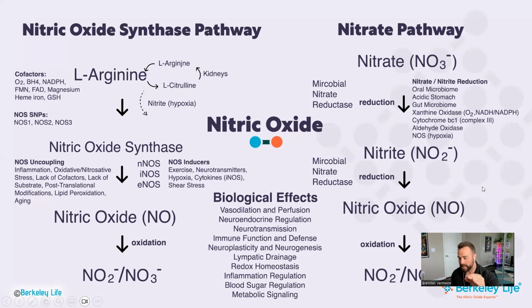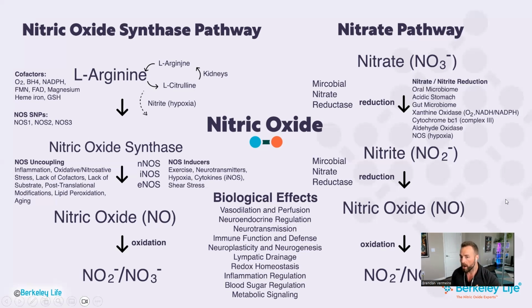The second site of nitrate and nitrite reduction into nitric oxide is the acidic stomach environment. Now, we have to have an adequately acidic stomach environment to reduce nitrate or nitrite into nitric oxide. The third site would be the gastrointestinal microbiome, which should also have nitrate-reducing bacterial species within our gut microbiota, right?